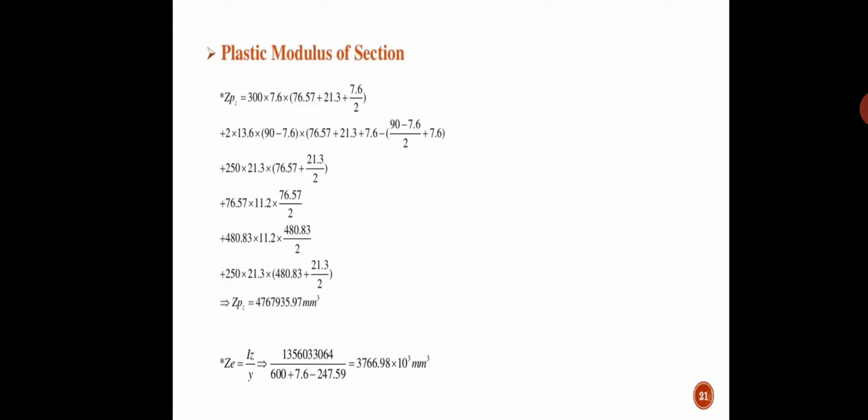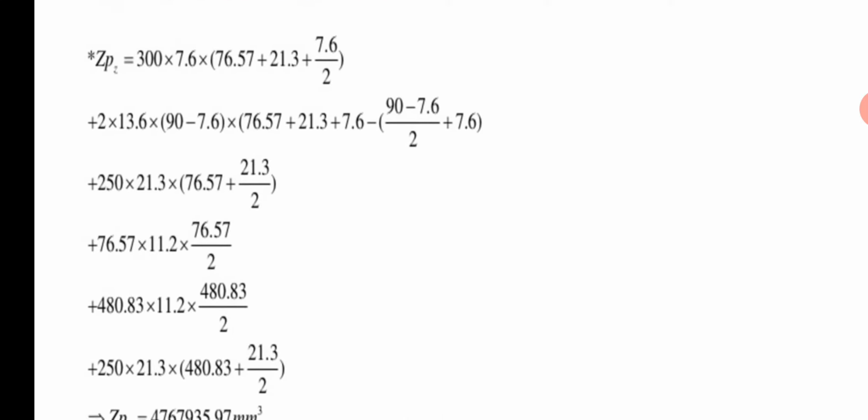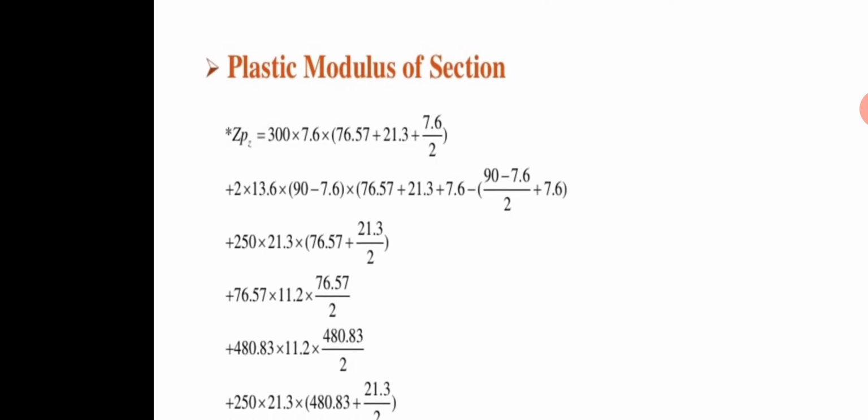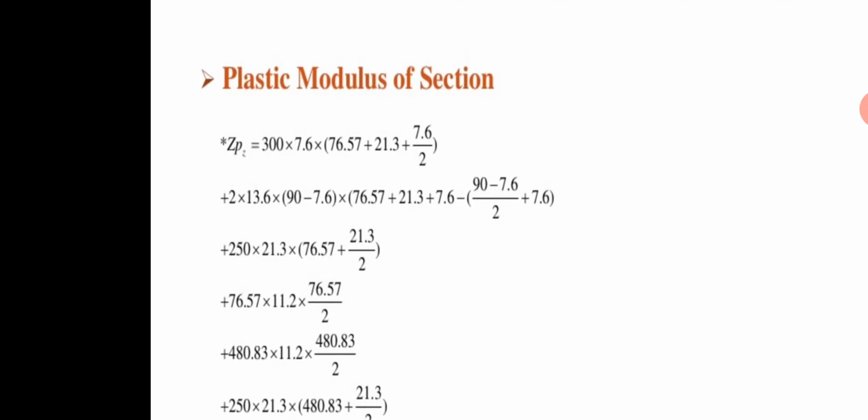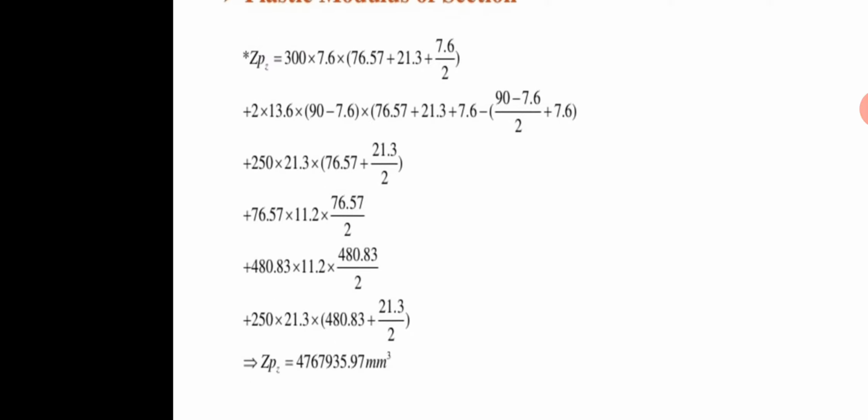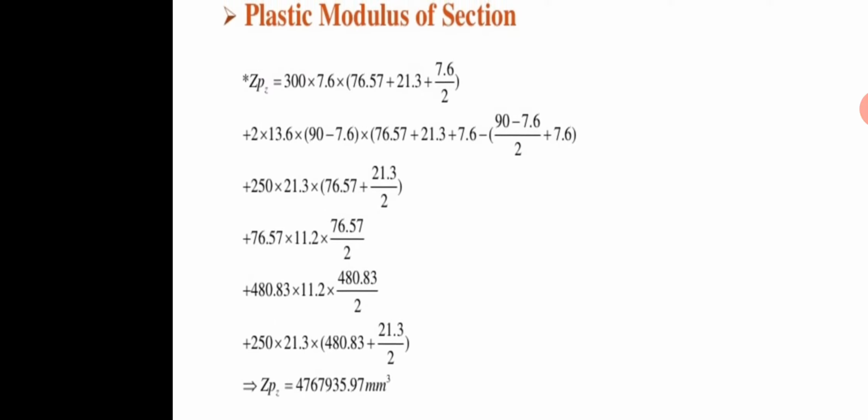For that we find out ZPZ, following this procedure regarding the individual sections A1, A2, A3, A4 equal to A5 plus A6. So finally we got ZP as 4764935.97 mm cube.